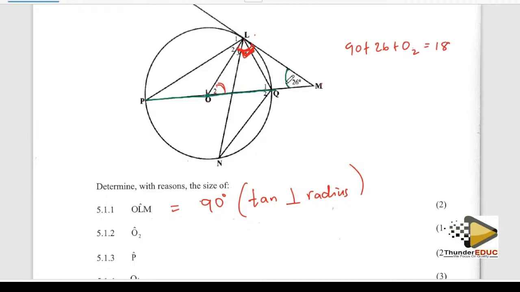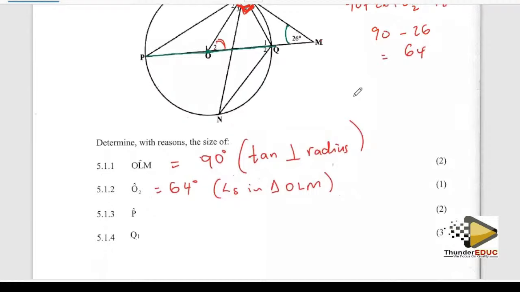So it's as good as saying 90 minus 26, which is 64. So O2 is 64 degrees. You can say angles in triangle OLM in whichever format. Okay, so that is the explanation.